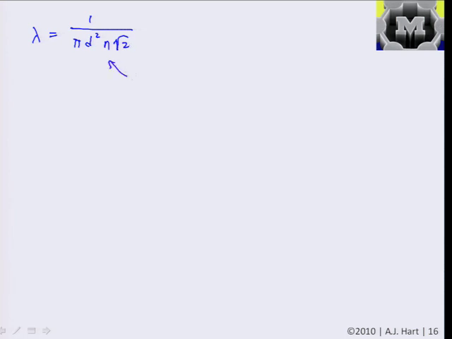As we know, n is our number density, which is a function of pressure. In fact, it was in the ideal gas law we defined on the previous slide. And d was our so-called hard sphere diameter, our molecular diameter.